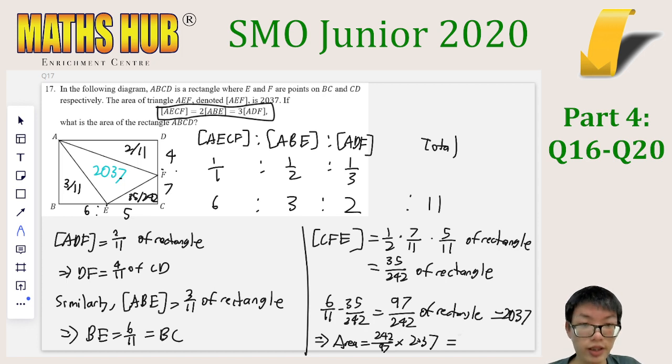One more calculation to do, but once you're done, it gives you 5082. This is not very difficult, but it is admittedly a little bit tedious in terms of the computation at the end.